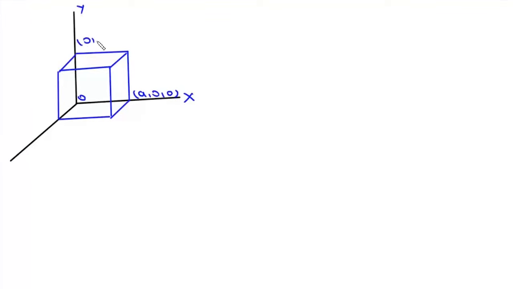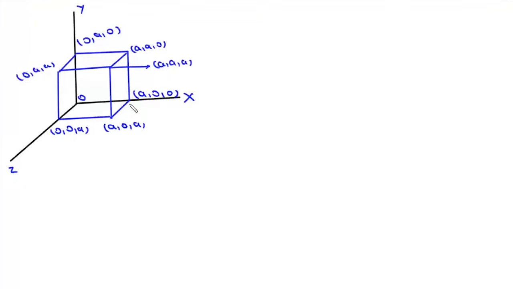On y-axis, we can take them as 0, a, 0, and on z-axis, it will be 0, 0, a. Now this point lies in xz plane, so it will be a, 0, a. On xy plane, it will be a, a, 0, and on yz plane, it will be 0, a, a. And this point will be a, a and a.